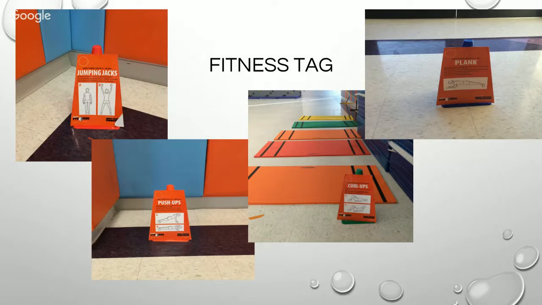I'm reinforcing that form because that's what I'll be assessing shortly after that. So again, as you see, the cones match the ball. I have the visuals, everything's there to help the students understand what they are supposed to do during this game.